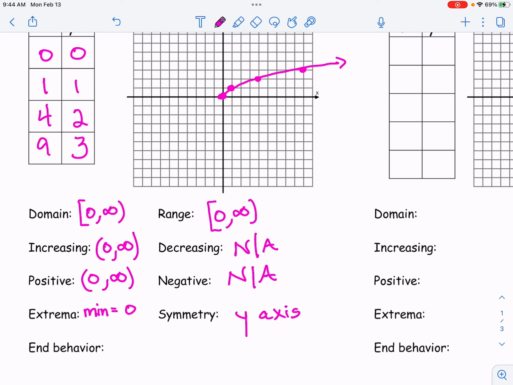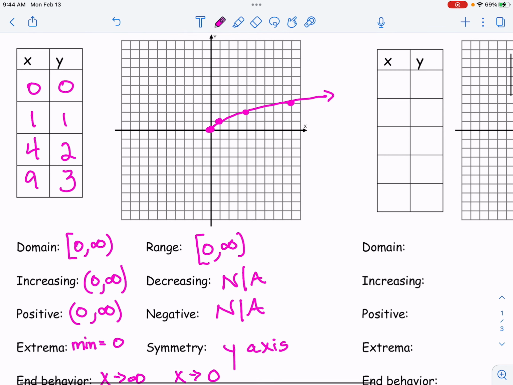In behavior, as x approaches positive infinity, your y approaches positive infinity. As x approaches 0, your y approaches 0. That is your square root function.